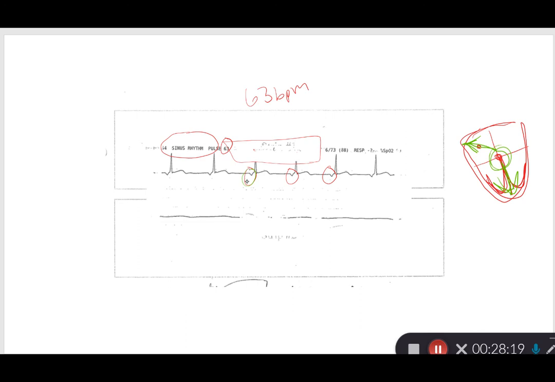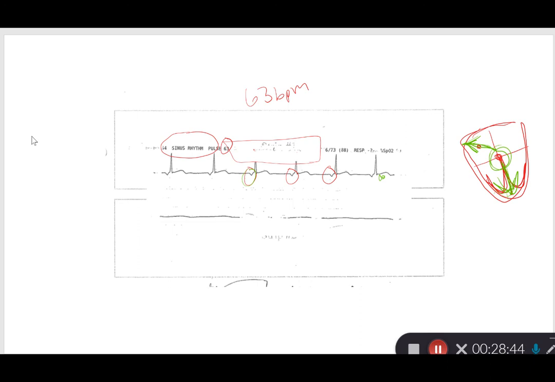Sometimes we won't see the P wave, so it could be a completely absent P wave because this is happening at the same time the ventricles are contracting. So that P wave would be hidden in the QRS complex because the QRS complex creates a stronger deflection. So it's going to cover up that P wave. Or it could be that this is reaching the atria after the ventricles have contracted and we'll get the P wave happening after the QRS complex.